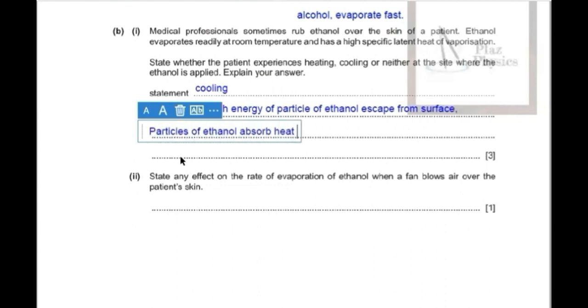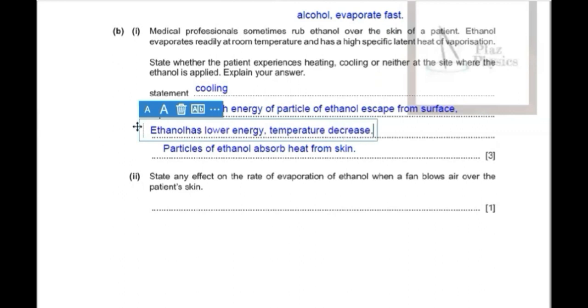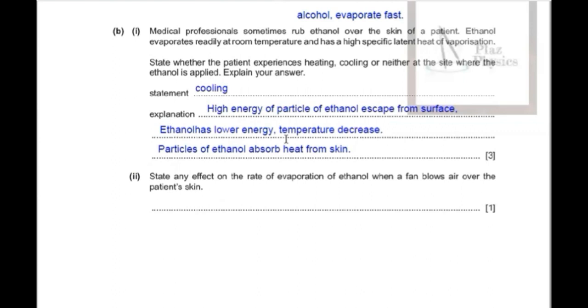Then the remaining ethanol will have less energy. The particles of ethanol also absorb heat from skin. Then the ethanol has lower energy, so temperature decreases. After temperature decreases, it will absorb your heat, so it will feel cool. So rate of evaporation increases. So the fan will blow away the particles.